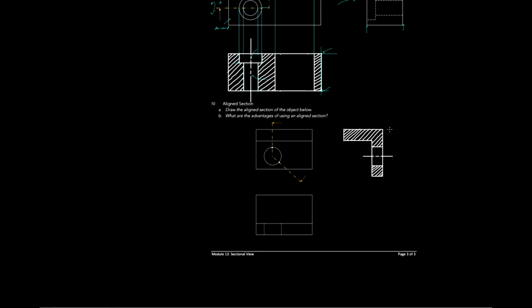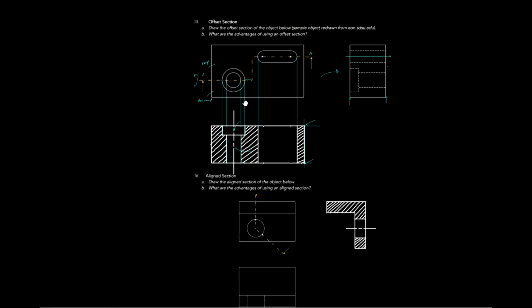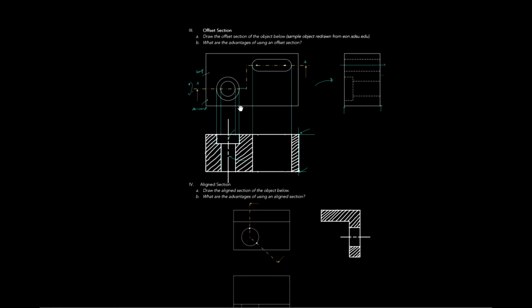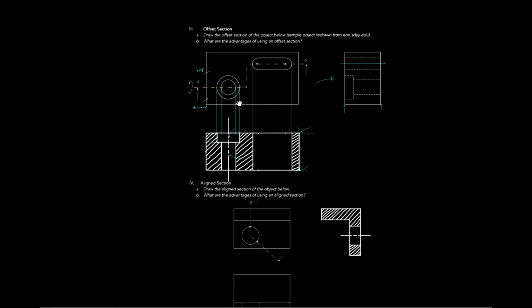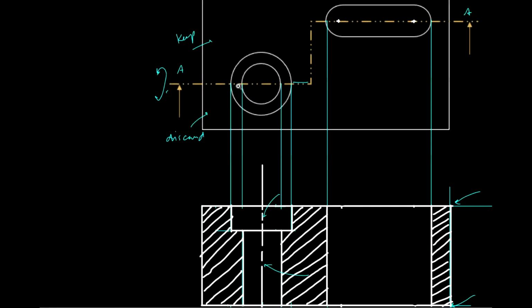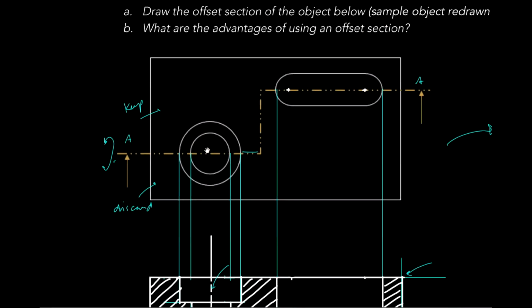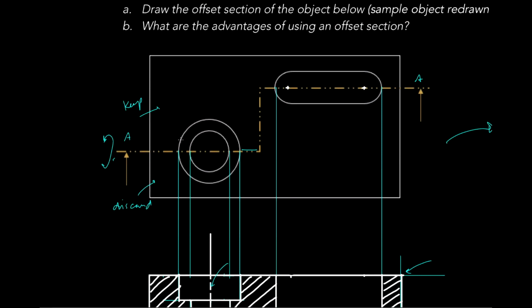So, let's just say, ano ba yung mga cases na yun? Let's just say na i-modify natin tong object na to. And let's imagine na what if diretso siya na butas na ganyan. Parang ganyan.